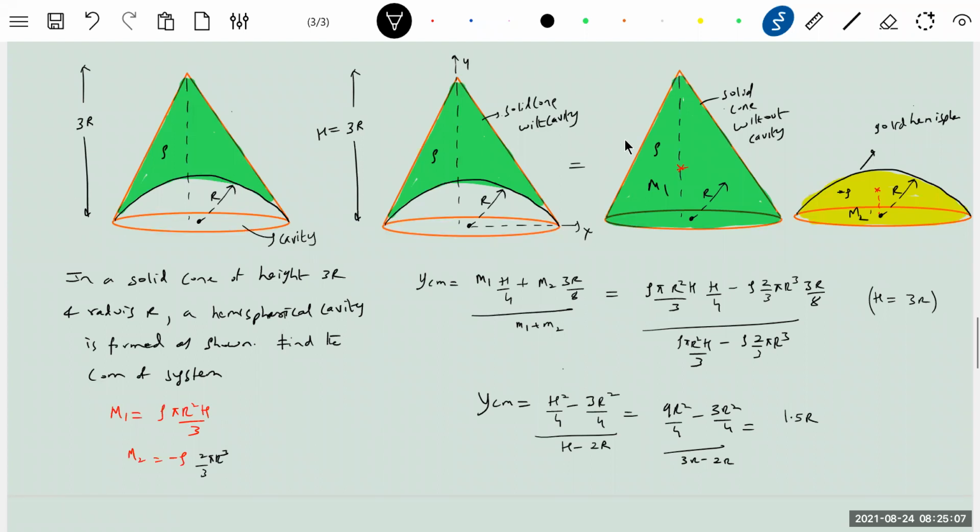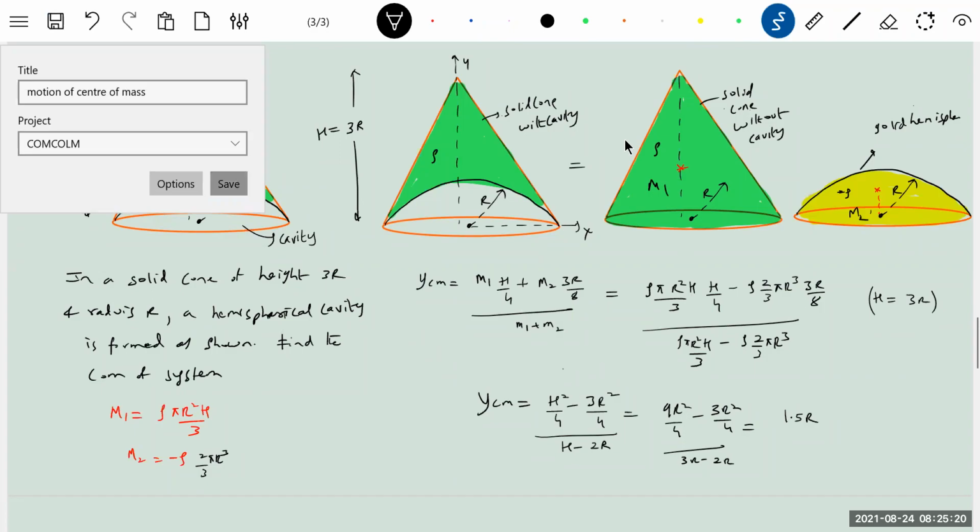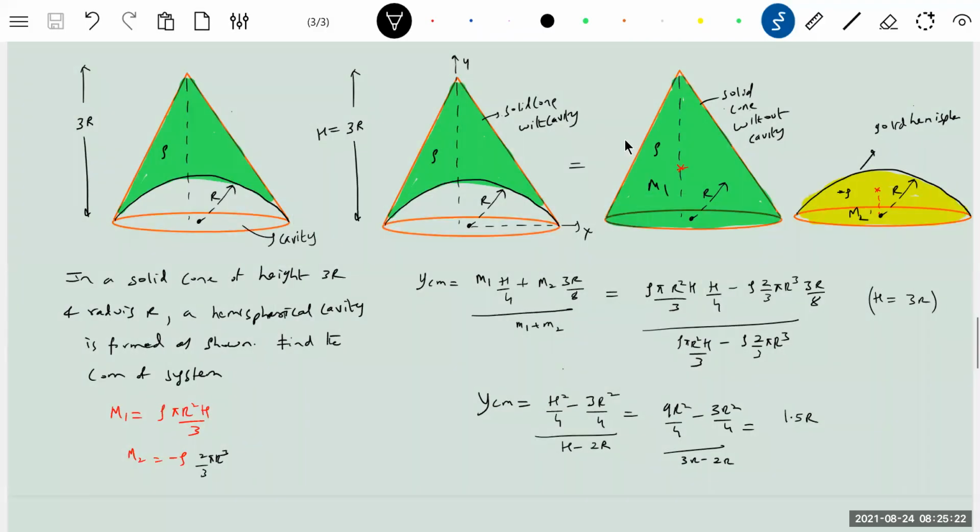Check the calculation once. 1.5r, sir. Yeah.